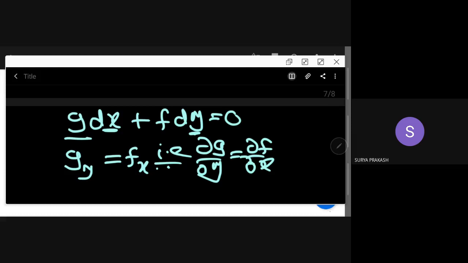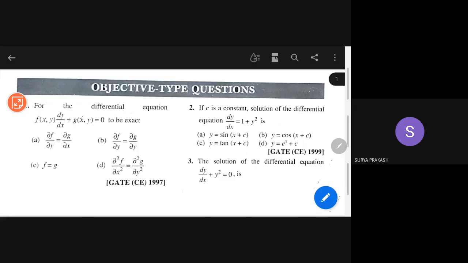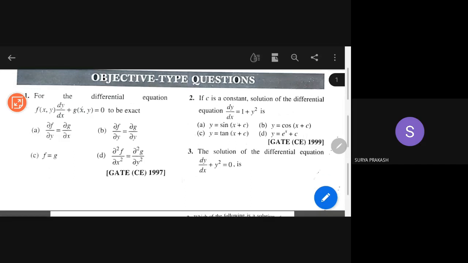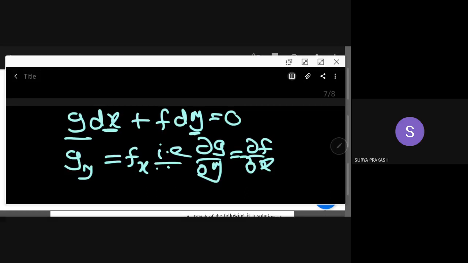Dou z by dou y is equal to dou f by dou x, something went wrong. What is this? f dy plus z dx, is it right? M dx plus N dy. Just a minute.